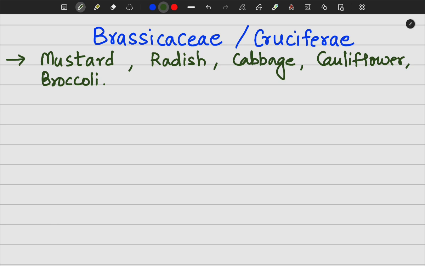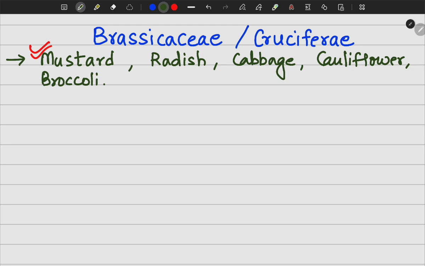So let us start with the floral formula. The floral diagram and the floral formula for the mustard will be studied here because mustard is an important member of this family and we have studied its example in a lot of different morphological and floral characteristics, right? So let us begin with the floral diagram of the mustard.